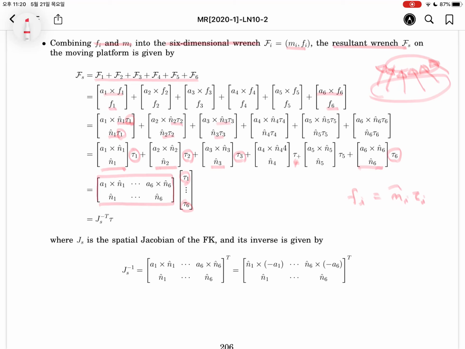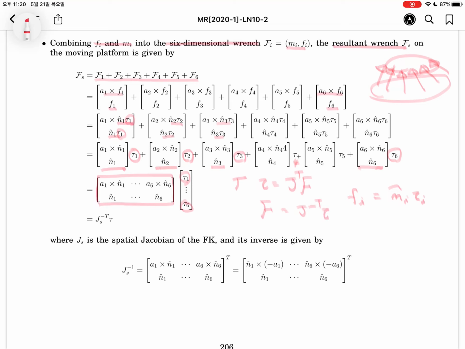Okay, the definition of the conservation of power principle: the tau is equal to J transpose length. So the length will be denoted by the J inverse transpose tau.